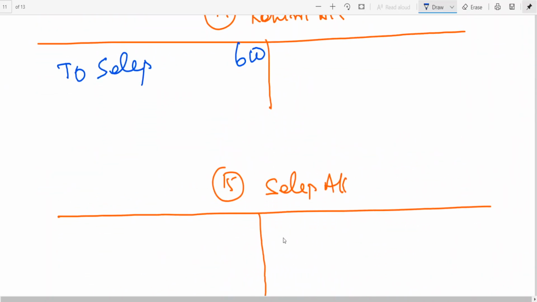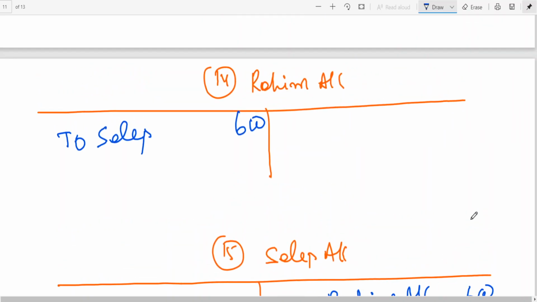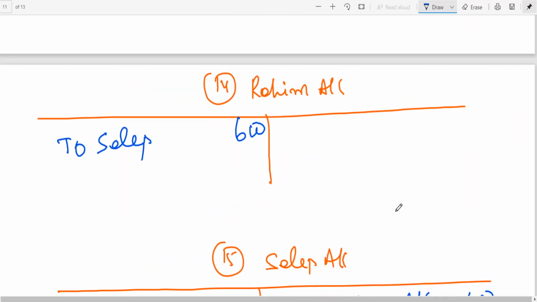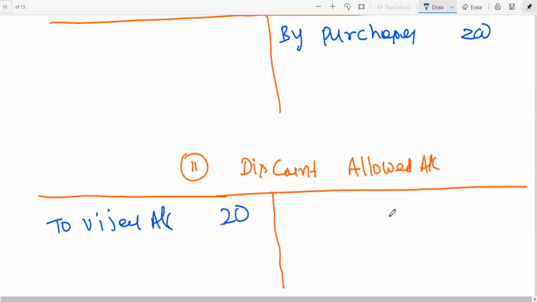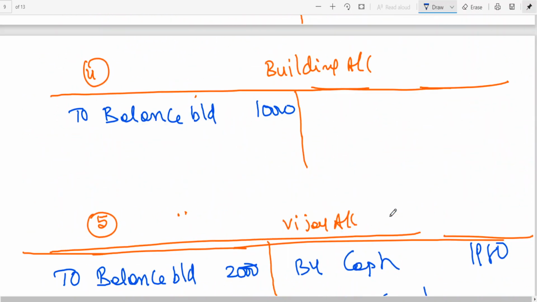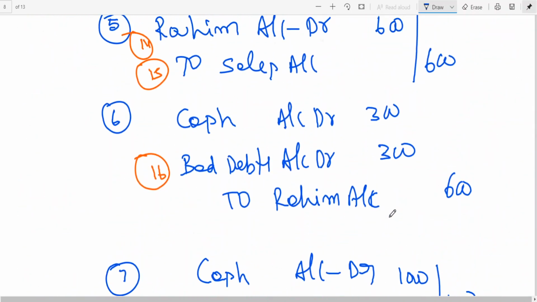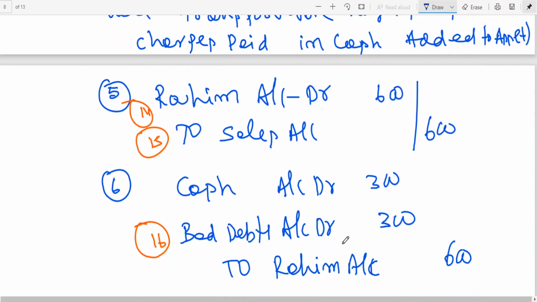In sales account, by Rahim account 600. Okay, then this is completed. Then Rahim has become insolvent. I have written the combined entry. Cash account debtor, bad debts account debtor to Rahim. A combined entry.